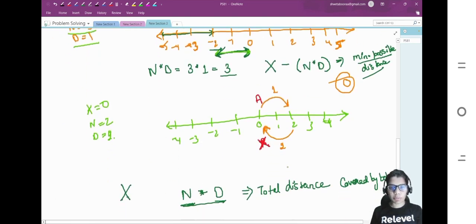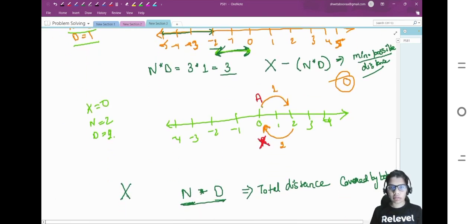We have seen this particular case in the third test also, that when we are already at 0 and we move 2 steps away from the origin, then we move 2 steps back towards origin, right? So let's see how we can handle this particular case.